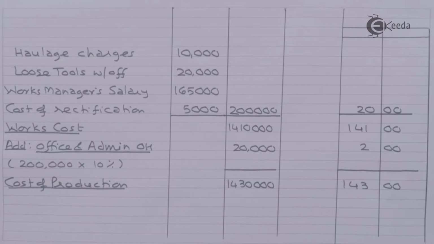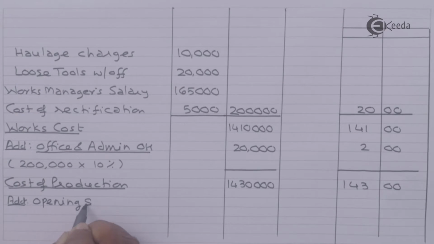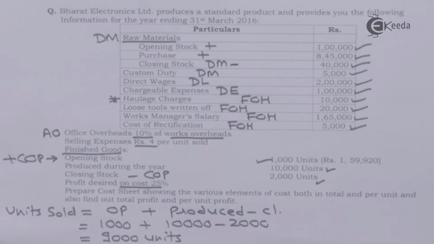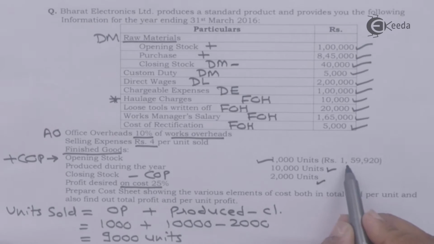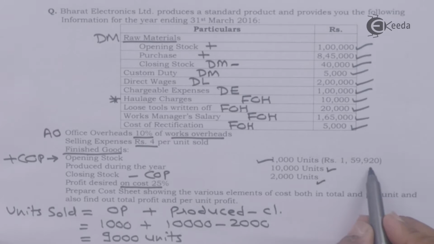To this we are required to add opening stock of finished goods. It is given in the question opening stock 1000 units, value is 1,59,920.